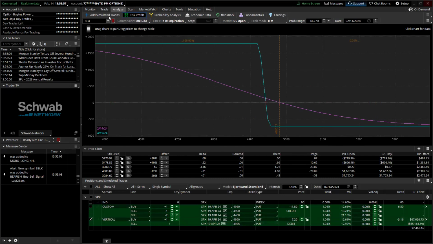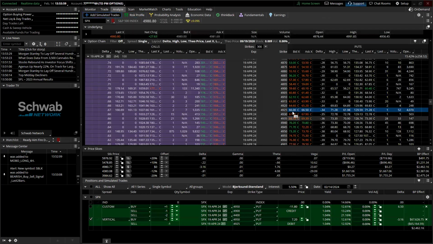And then what we're going to do is sell a 50-point wide put credit spread that's going to cover about 2/3 of the cost of this put debit spread. Right, so we're looking for a 50 wide put credit spread for about maybe $5 or $6.